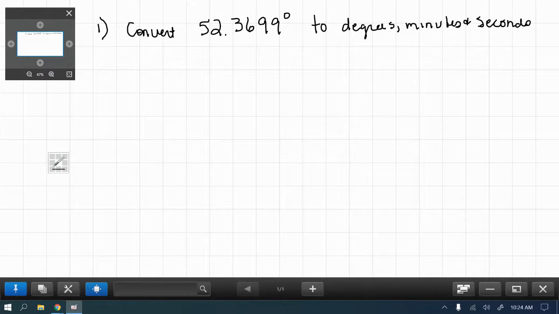So if you do it in your calculator, tell me what you get. I got 52 degrees, 22 minutes, and 11.64 seconds.